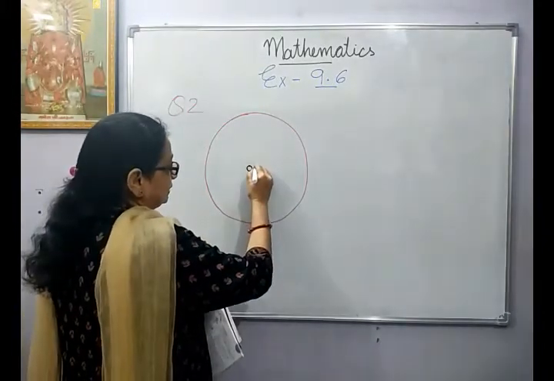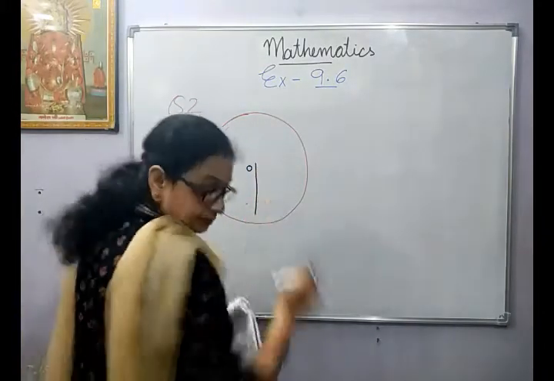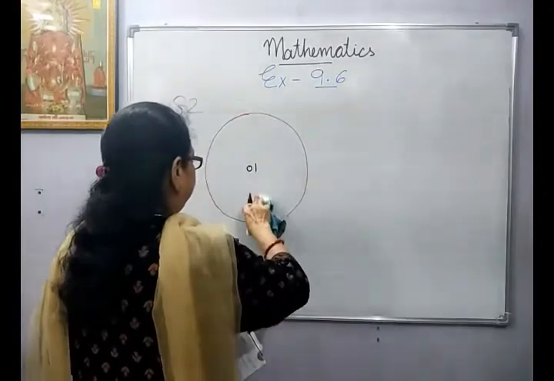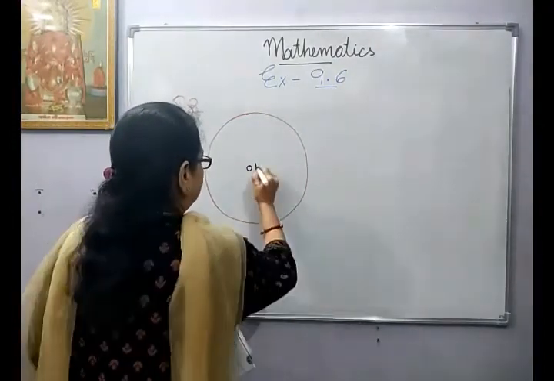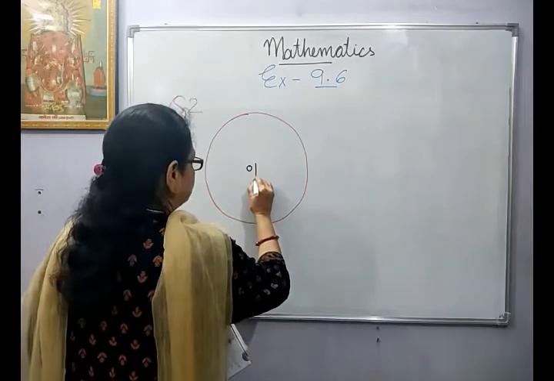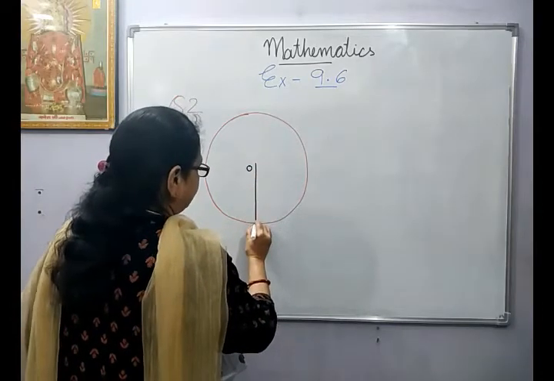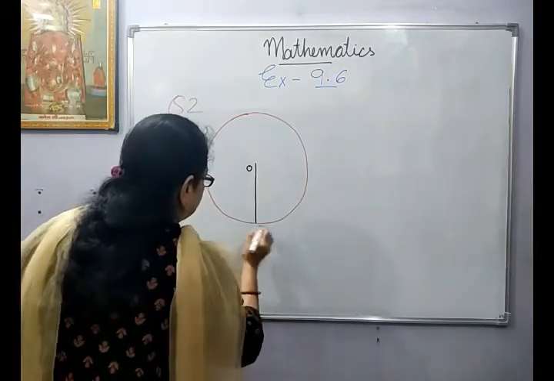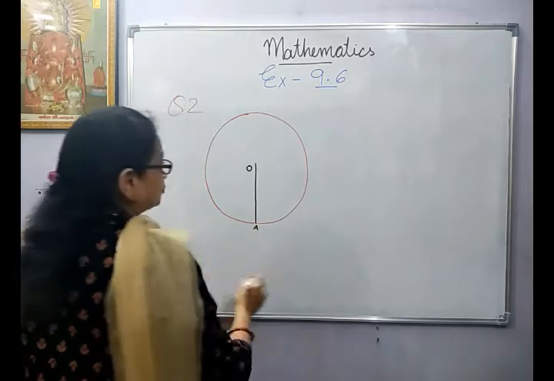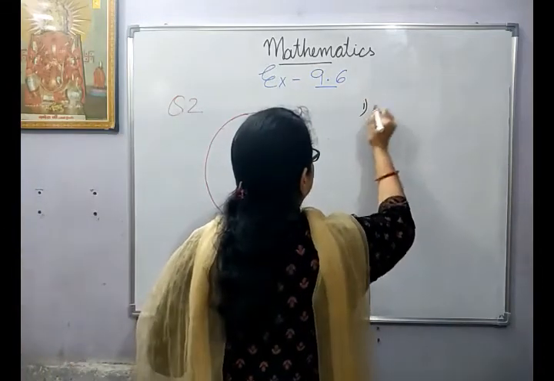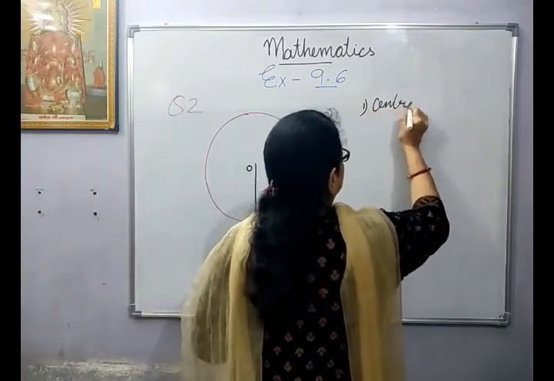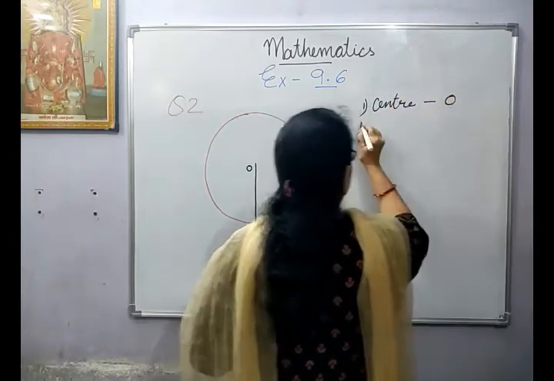So suppose I draw like this. When you draw, children, you will be making use of a scale. Suppose I label it as A. So first one was your center, and we have marked it as O.